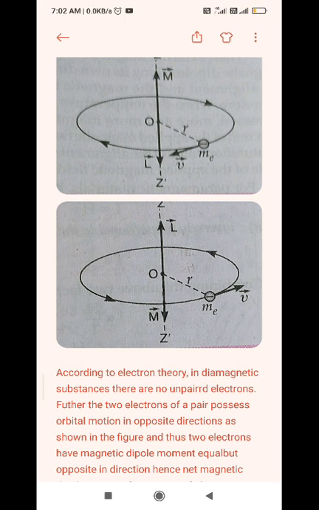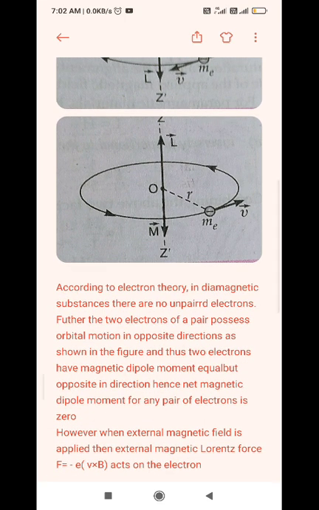When velocity is opposite, their magnetic moments will also be equal but in opposite directions. So the total magnetic moment due to the orbital motion is zero. So when there is no external field, there is no net magnetic force on the diamagnetic atoms.